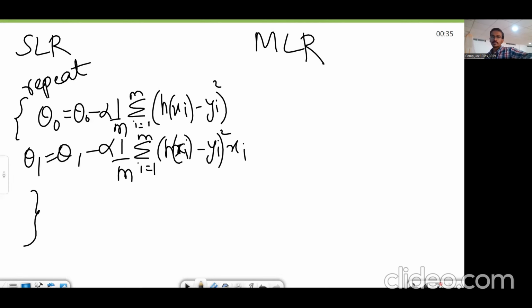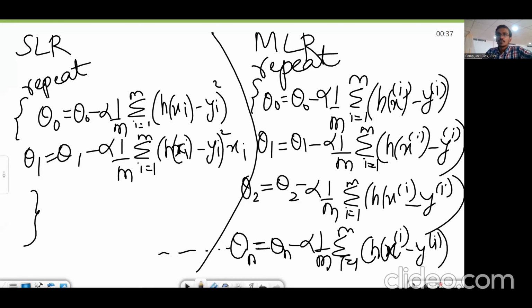Now for multiple linear regression, what we need to do is we'll write the same formula but for multiple thetas. So I'll just write that down now. Hence you can see that for multiple linear regression, we again have theta 0 equal to the same formula, and from theta 1 onwards, we'll again have it, and we need to multiply x of i again.